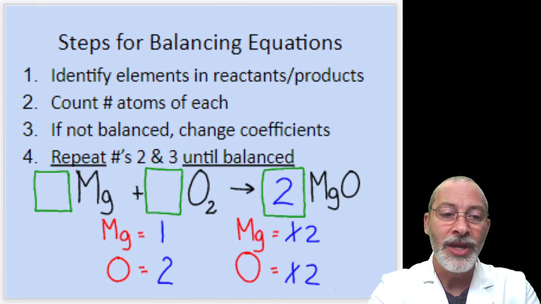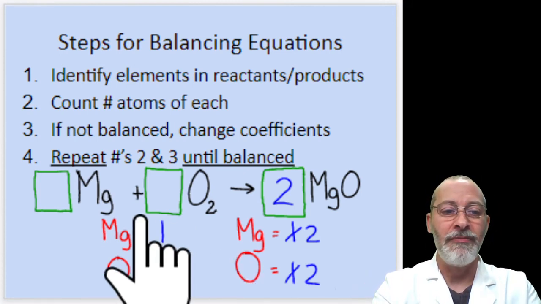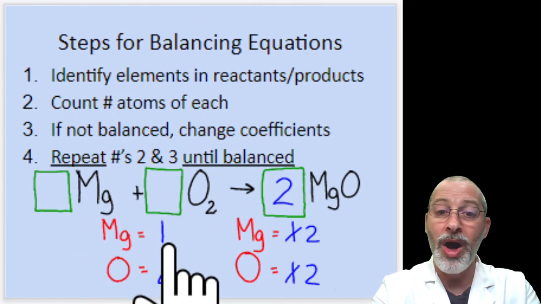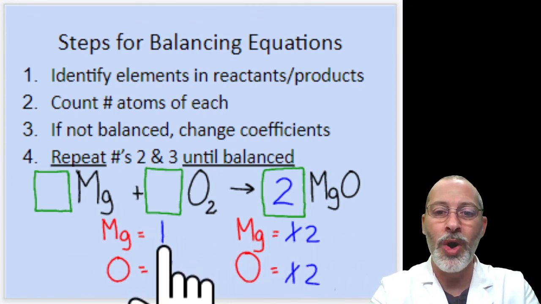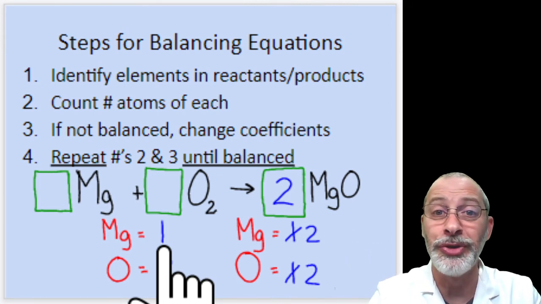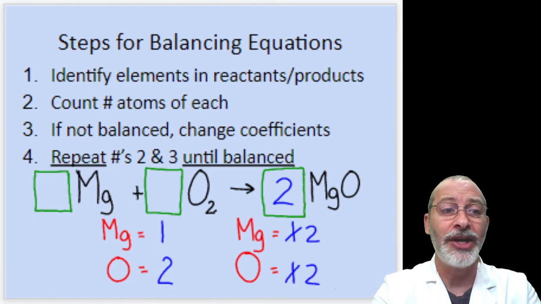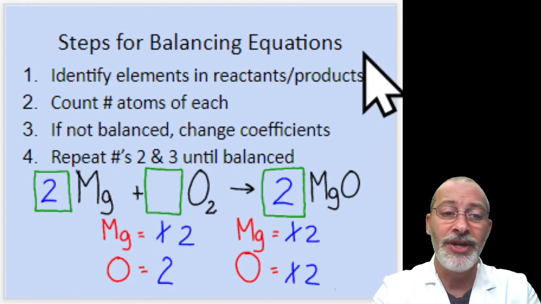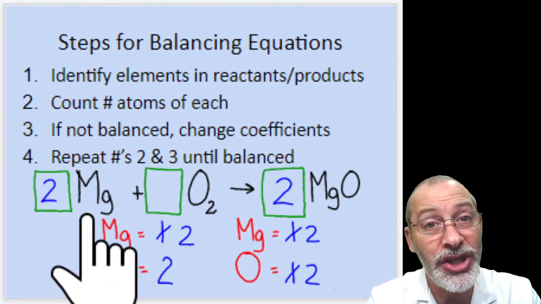So again, think of a number that if multiplied by 1 will equal 2. What times 1 equals 2? The answer, of course, is 2. And so we place that 2 in front of the magnesium as its new coefficient.